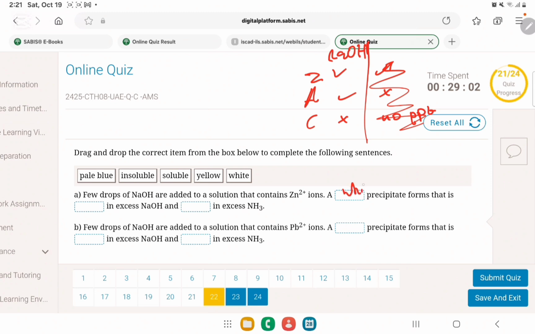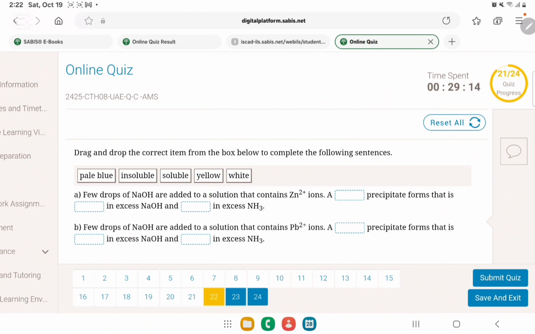It's a white precipitate that dissolves in excess, because look, there's a tick, dissolves in excess in NaOH and does not dissolve in excess of NH3. So again, white precipitate, insoluble, solid. Okay. No, wait. My bad. It's soluble in both. It's Zn, tick, tick.